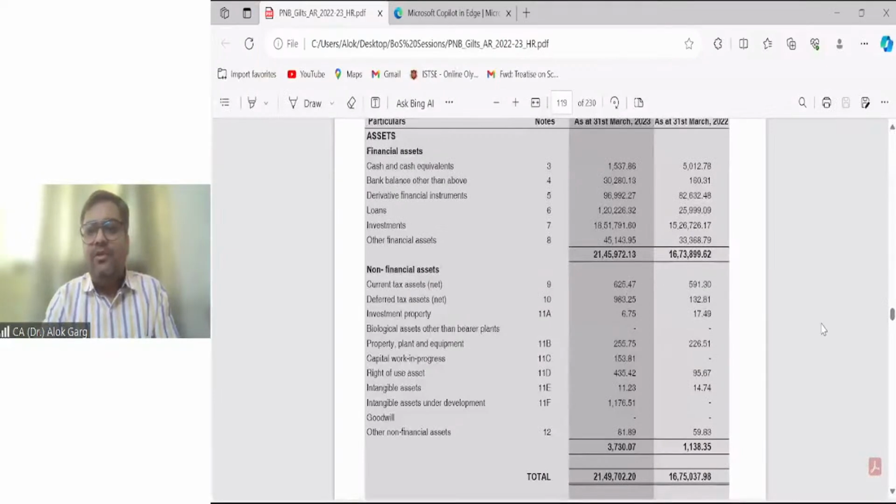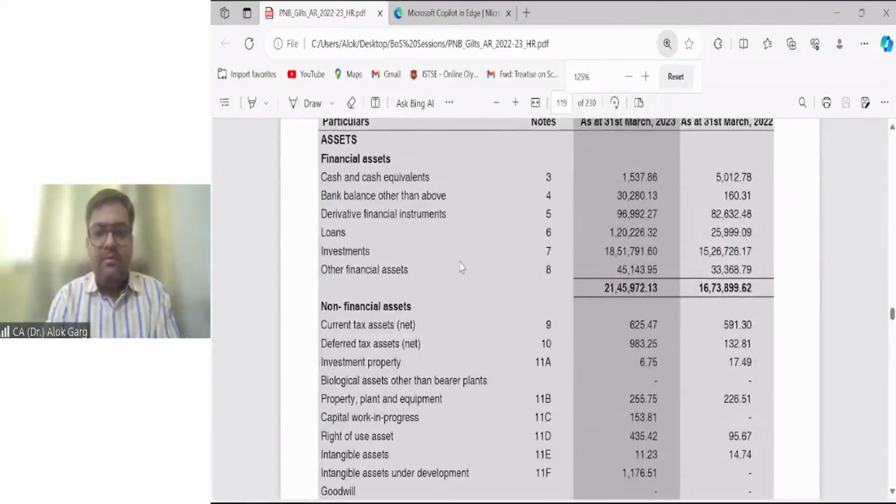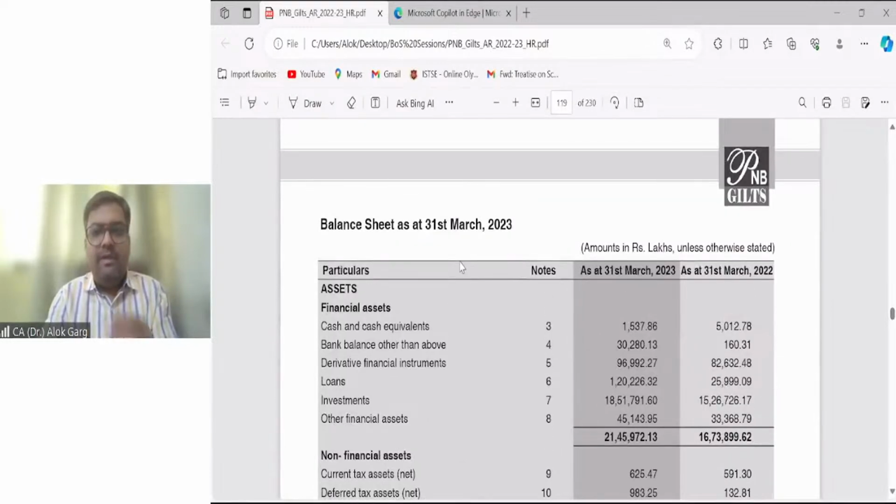I hope this balance sheet of PNB Gilts is visible. PNB Gilts is a subsidiary of Punjab National Bank. This is the annual report of PNB Gilts. It's an NBFC company, right?